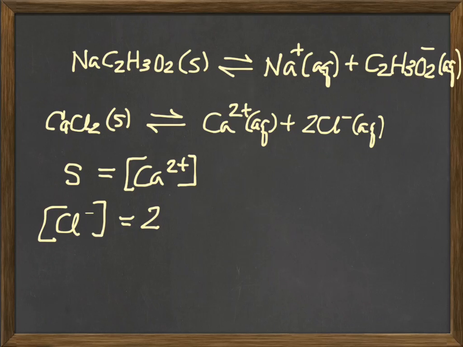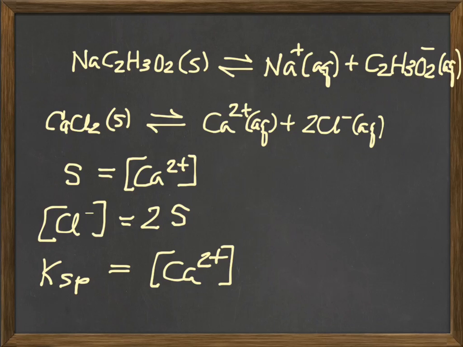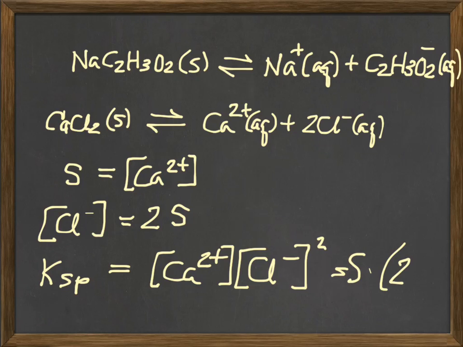It's supposed to be capital S. Looks like an S looking in the mirror. And so then KSP equals the calcium ion concentration times the chloride ion concentration squared. So we get S times 2S squared, and we get 4S cubed is equal to KSP.